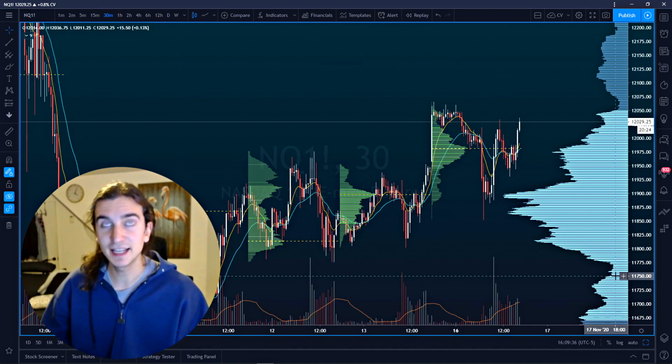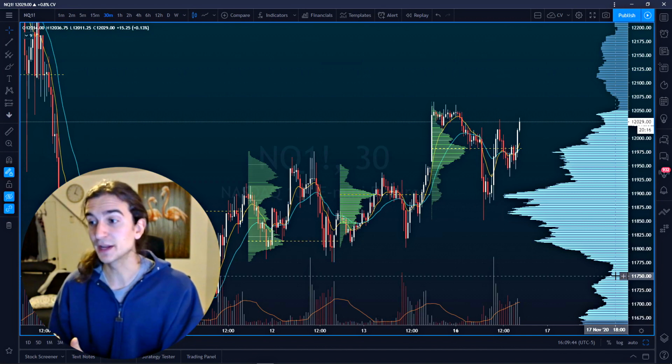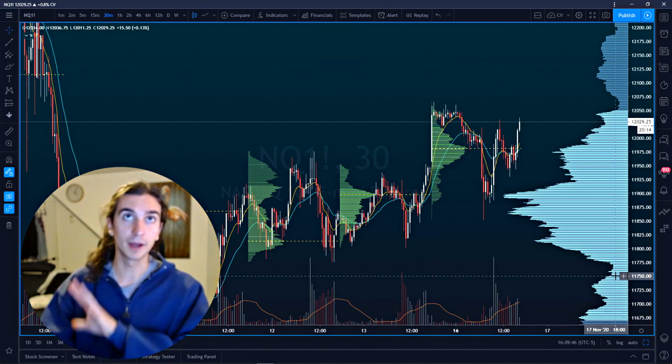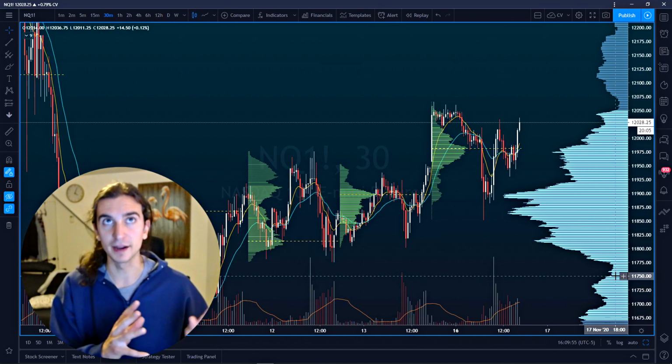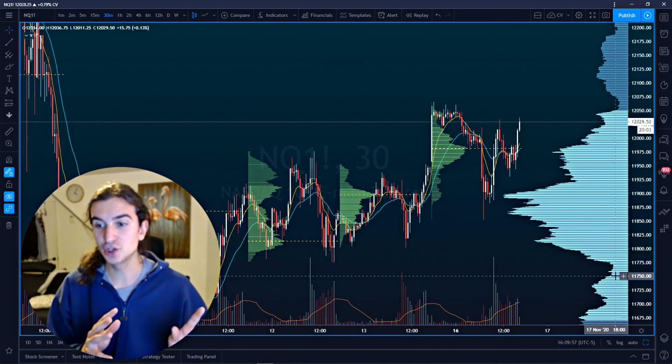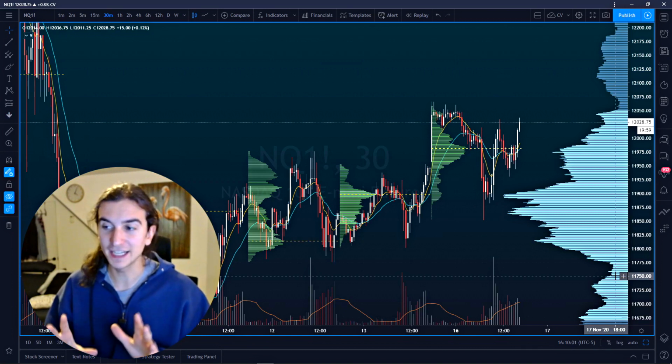And it basically indicated that it was likely to come back and test that previous volume area and potentially even break right through it and go for a new area, because there might have been a lower volume area on the other side of that high volume area that hadn't been traded earlier. But because you were so focused on the previous price, you were not paying attention to the development of the new prices. So that's sort of how I can explain it to you guys.